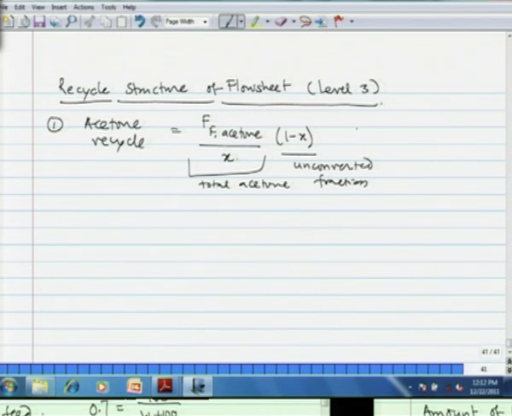Now we assume 100% recovery. So by substituting values, we get the recycle acetone as 171.54 mole per hour.